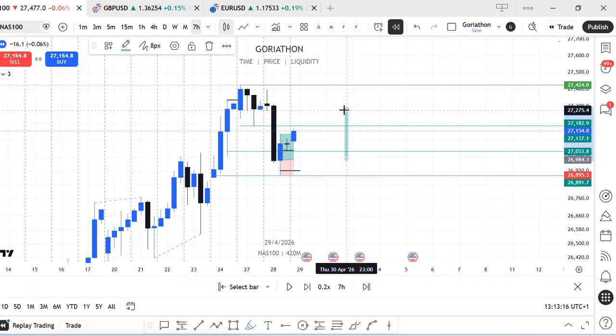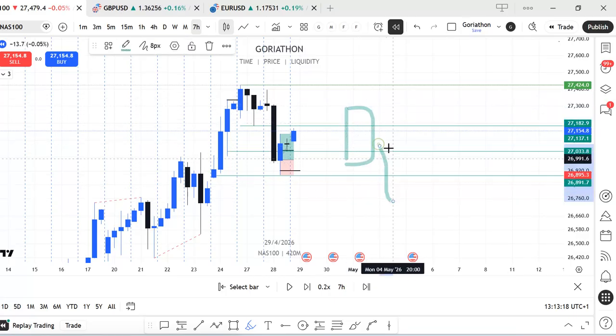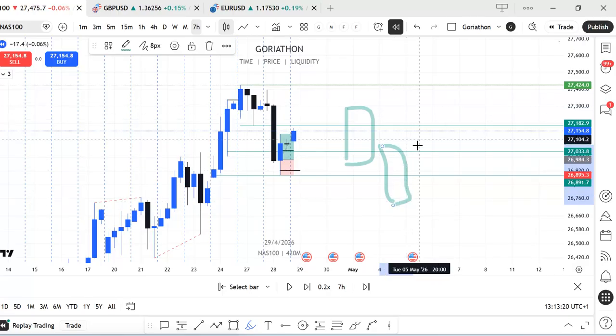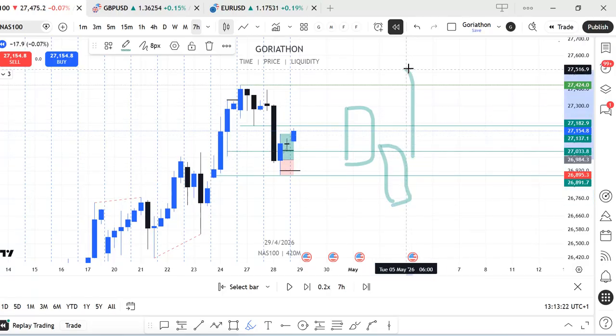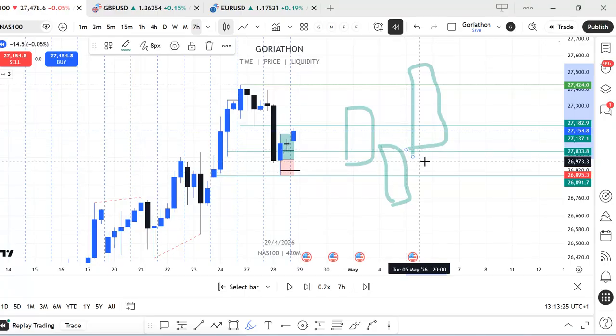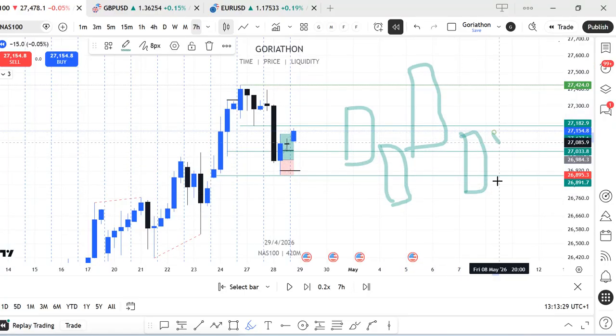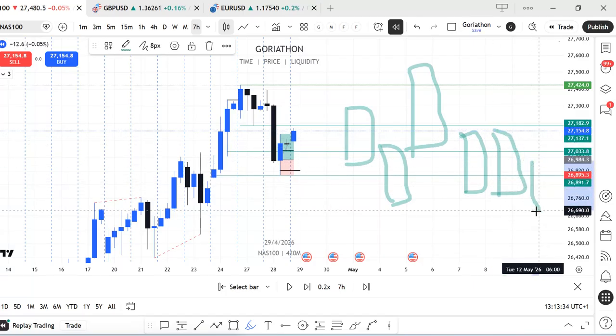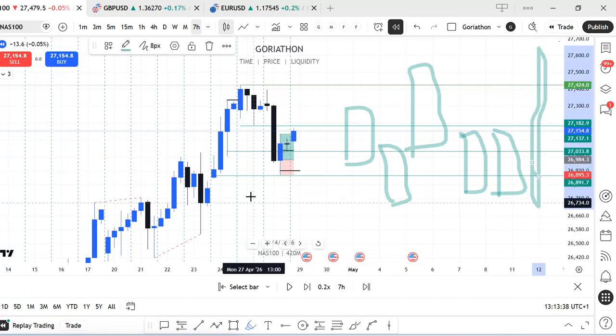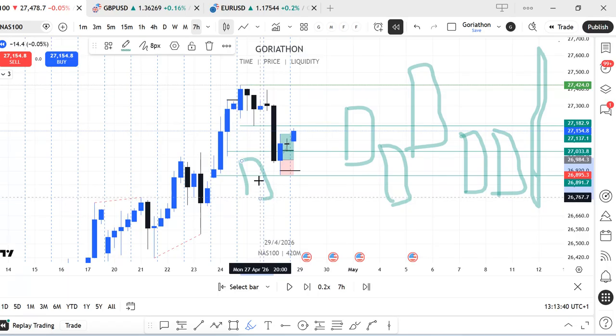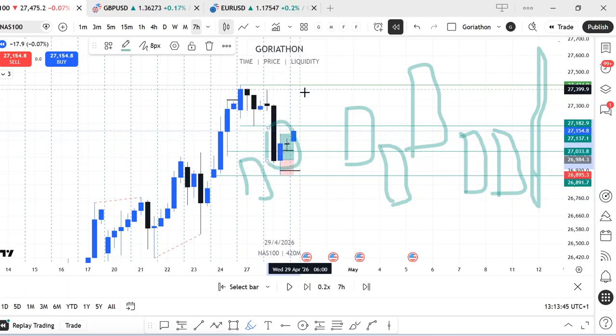If you see Asia like this, if you see London do this, then if you're looking for a buy setup, you would see New York do this. If you see Asia do this, if you see London do this, if you're looking for a buy setup, you would see New York sweep and then go up. If you see Asia do this, if you see London do this, if you are looking for a buy setup, New York will just continue.